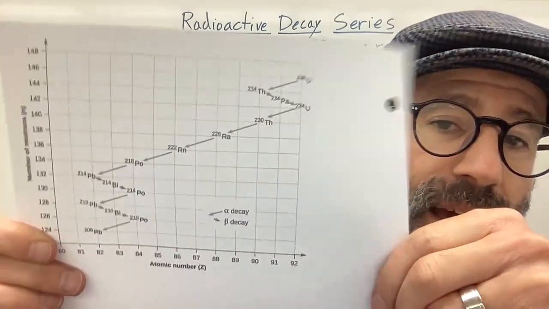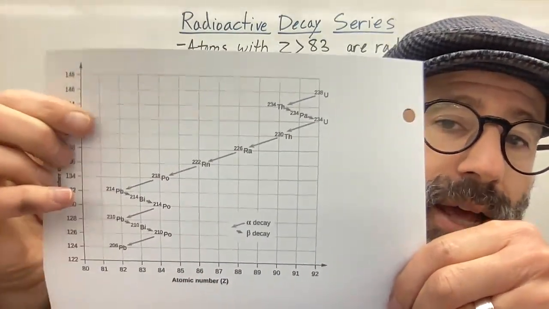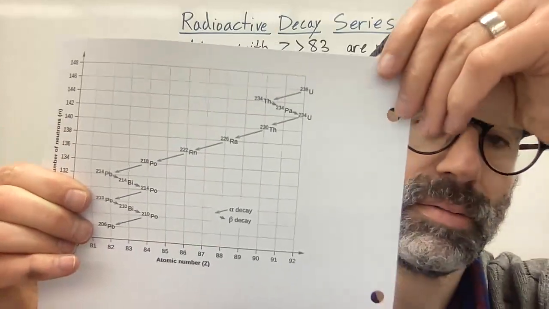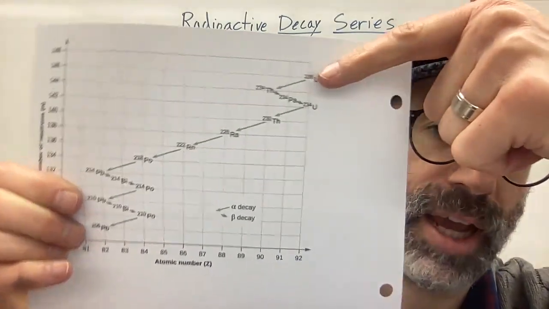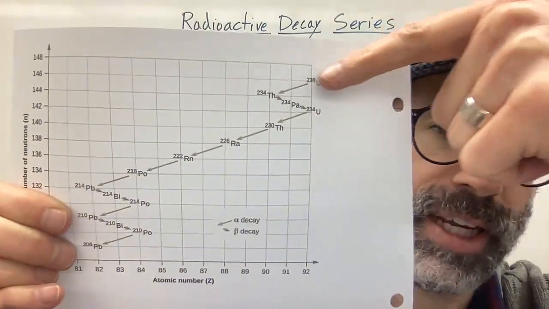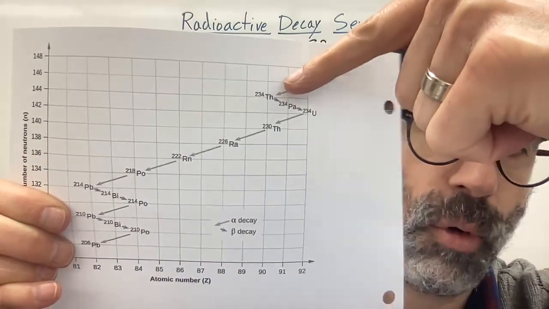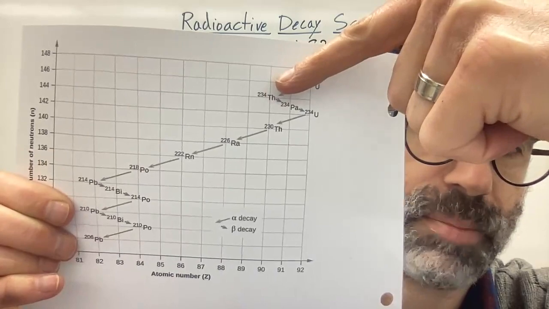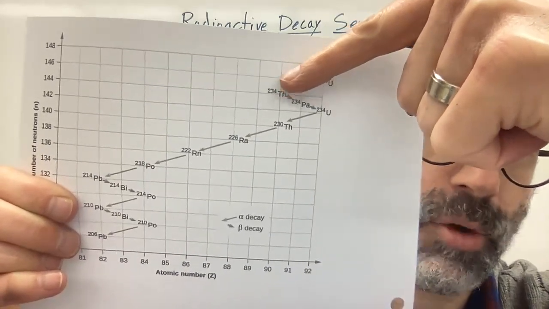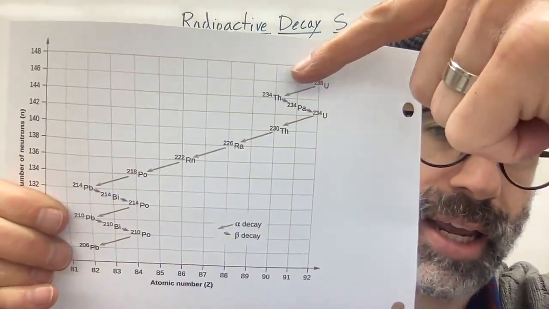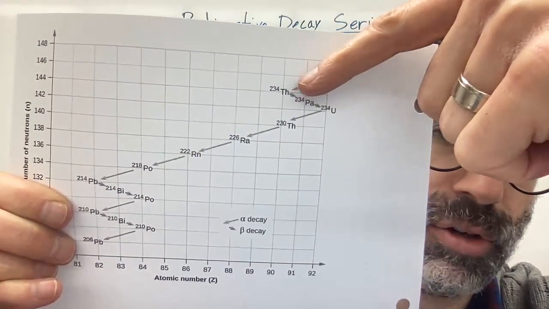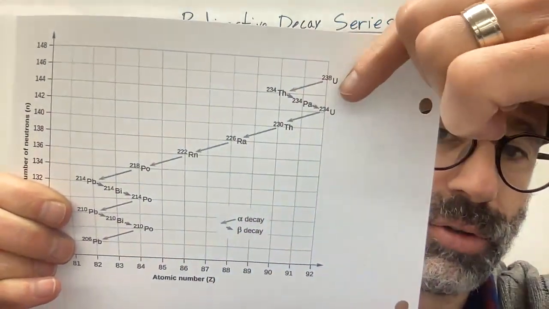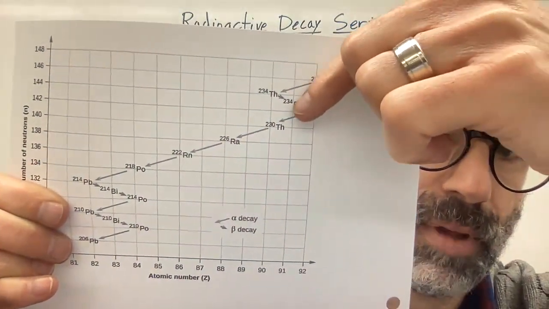You can see that uranium 238 up here undergoes an alpha decay and goes down to thorium 234, so it goes down in neutrons and protons. Then thorium 234 undergoes a beta decay to protactinium 234 here.